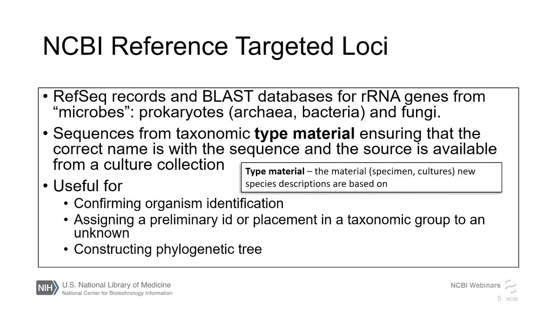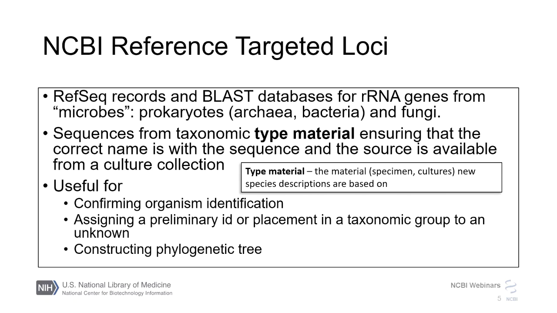The real good thing about these sequences that we produce is that these are associated for the most part with taxonomic type material. Type material, of course, is the material or specimen or culture that the new species descriptions are based on. And so this ensures that the correct name is tied with the sequence, which has been a big problem with sequences going into GenBank where the identity may be incorrect.